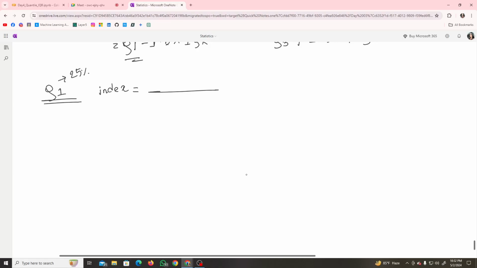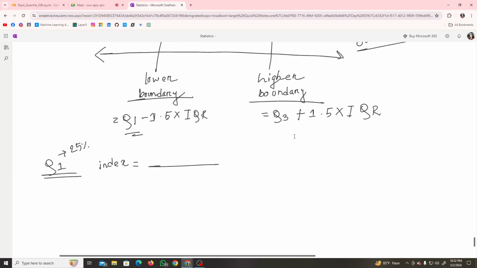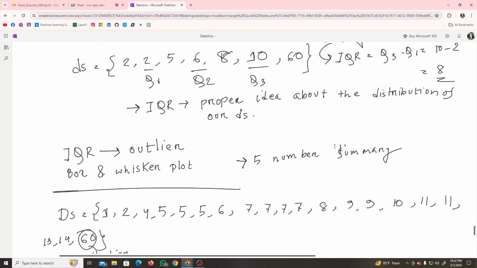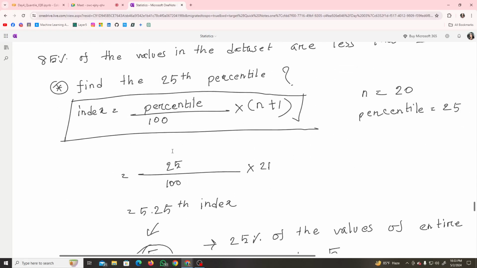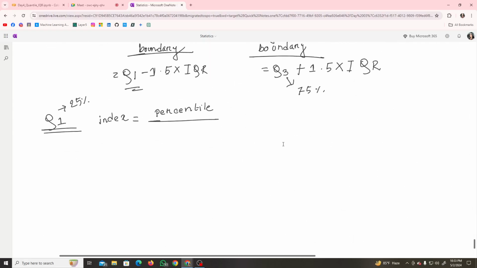Can anyone tell me what will be the percentage of Q3? It will be 75%.